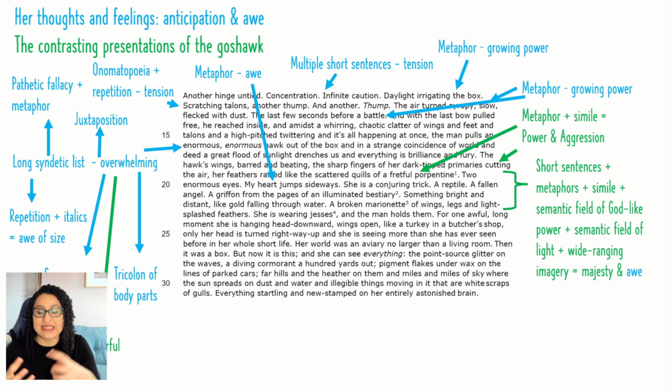The broken marionette of wings, legs, and light splashed feathers is on the one hand a sort of reference to what the bird looks like when it's all tied up in the different parts that keep it sort of tied down while it's in the box. So I think there is a little bit of a vulnerability to this image, which is important because we're going to see more vulnerability in a little bit. And I think this fits with that, because a marionette, you know, it's something that's tied down, it's restricted, it's trapped. That is also an image we're going to see more of later.